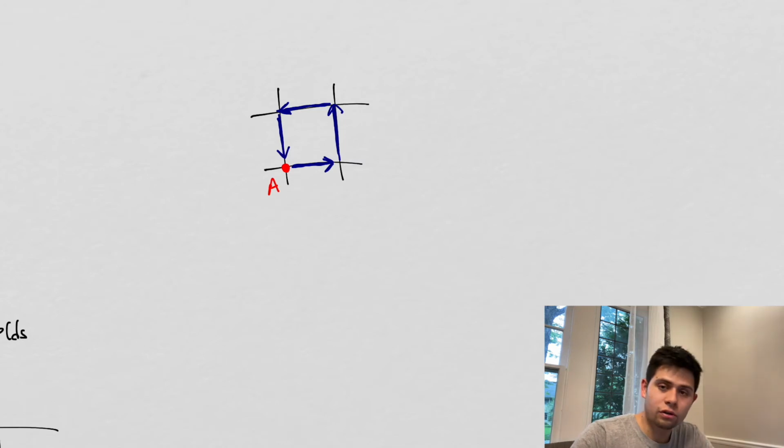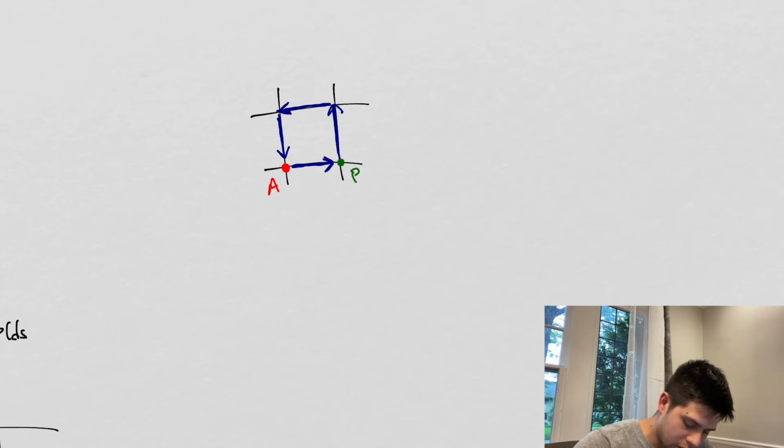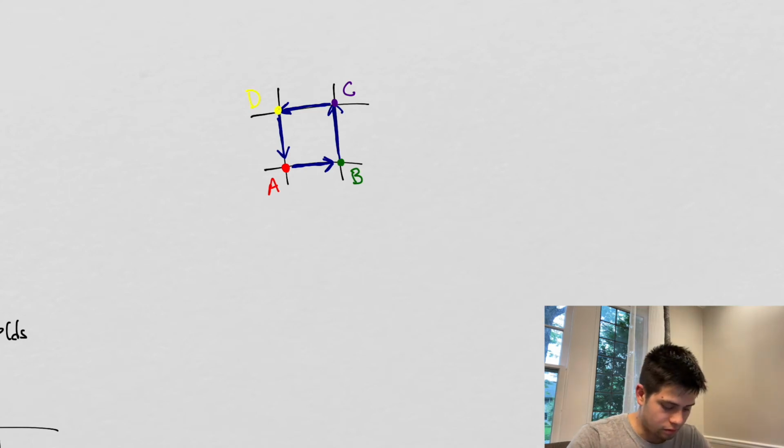Because what we've said earlier is that we can compare the point A with, say, the point B, and the point, I'll make these each one different colors. I'll make this one purple, point C, and I'll make the next one yellow, and point D. Oh, I really like that yellow.